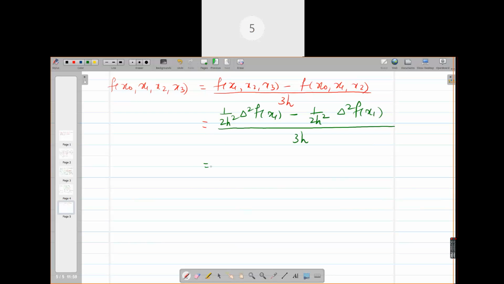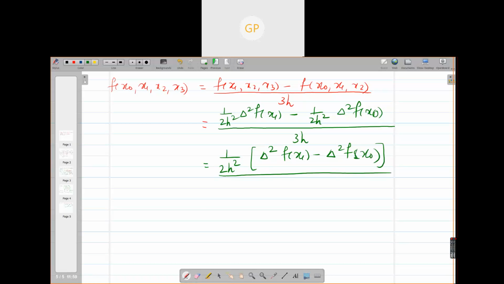So I can take 1 upon 2h square common, divided by 3h.